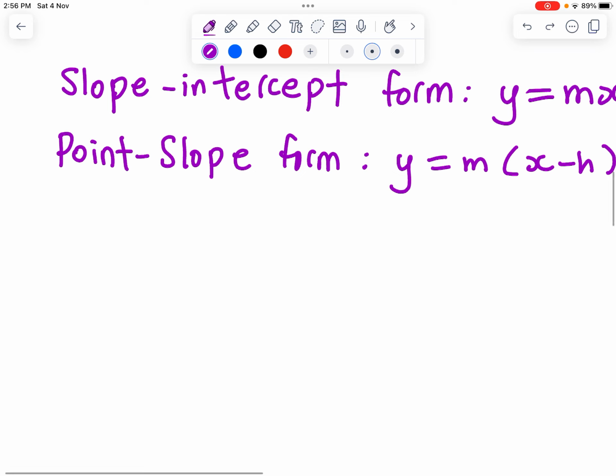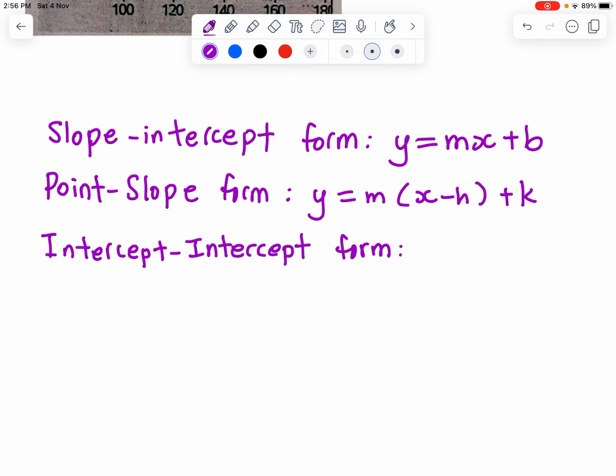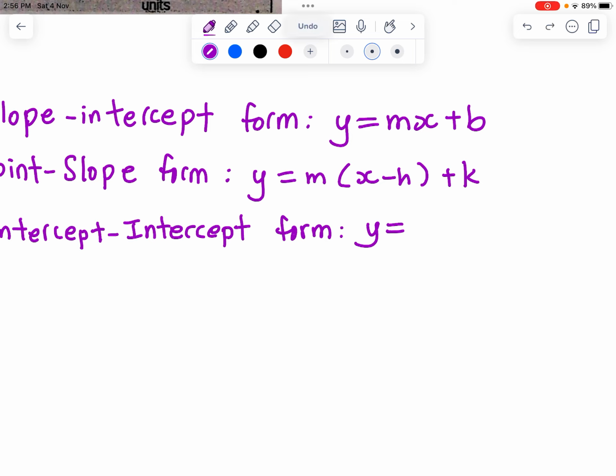And then finally we have the intercept form, or two-intercept form. From the word, you can already guess that it shows two intercepts. It shows the x-intercept and the y-intercept.